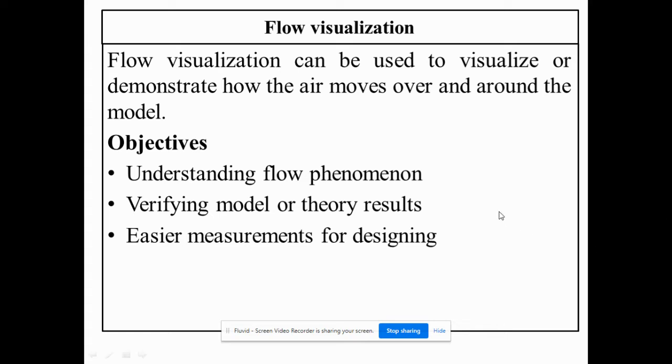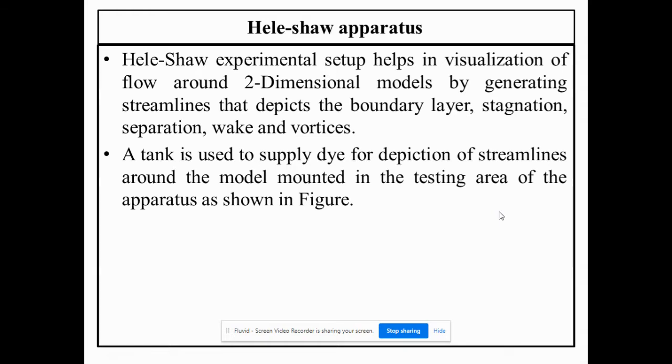So here we will look into some basics, which is the Hele-Shaw apparatus, which we are utilizing in our laboratory. The Hele-Shaw apparatus is an experimental setup with which we can visualize the flow around 2D models especially, and which can depict the streamline path of any model.